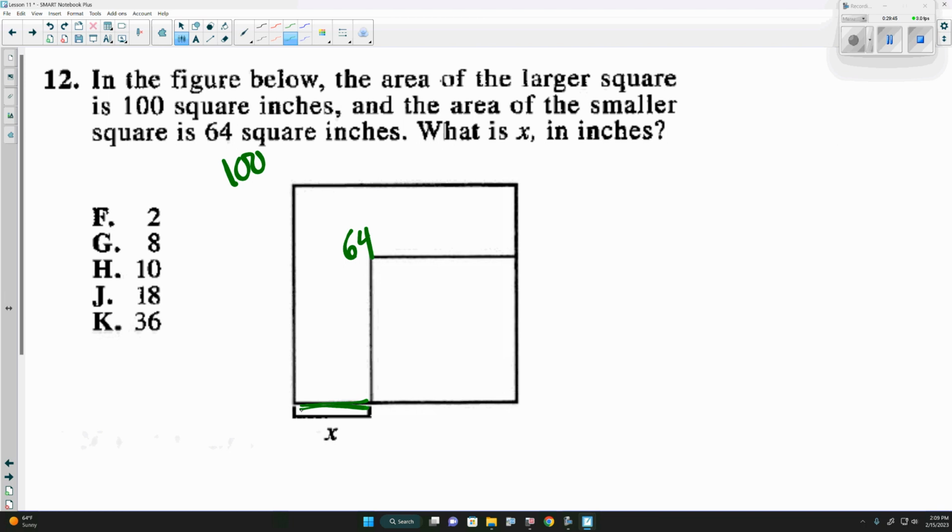So the bigger square, this length and this length are the same, so if we multiply them together to get 100, what's the only number we can multiply by itself and get 100? So this length is 10. This one here is also a square, so these two are going to be the same. What times itself is 64?